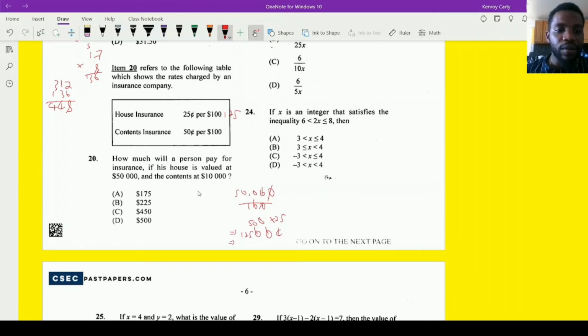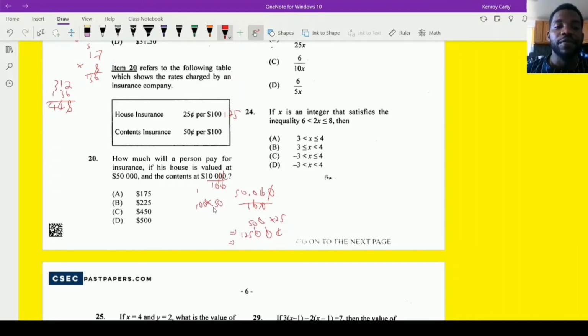All right, so I simply take 10,000 and I divide it by 100, so I can find out how many $100 are there. I get 100 times. So this 100 tells me that there are $100, which means that I'm going to pay 50 cents each.